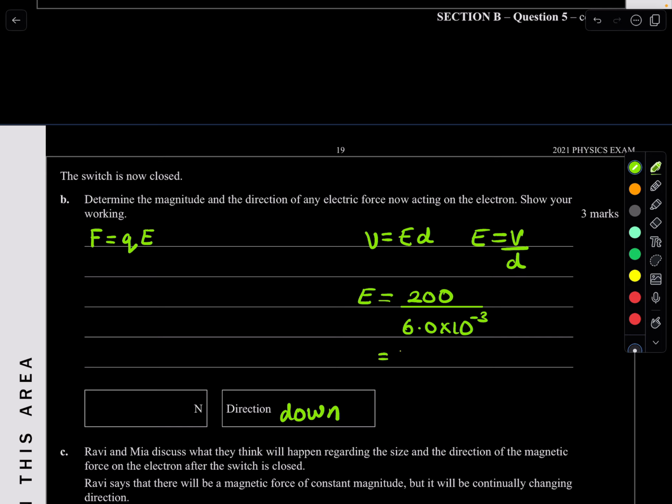That gives me 33333.3 volts per meter. So we found our electrical field strength. Putting this in your formula, remember it's an electron, so your charge is 1.6 times 10 to the negative 19 times 33333.3.